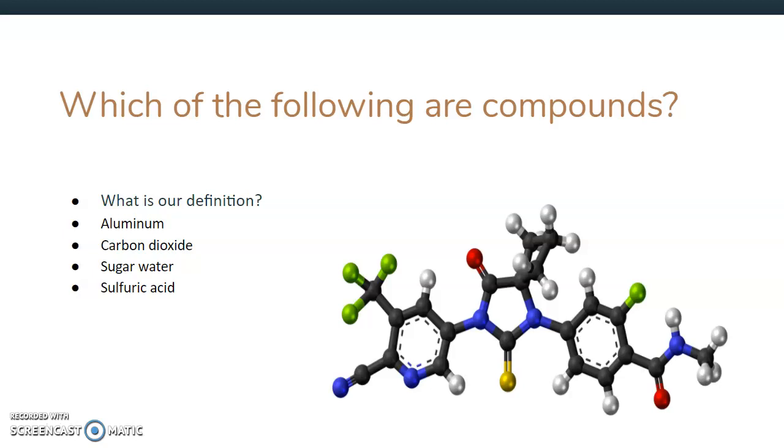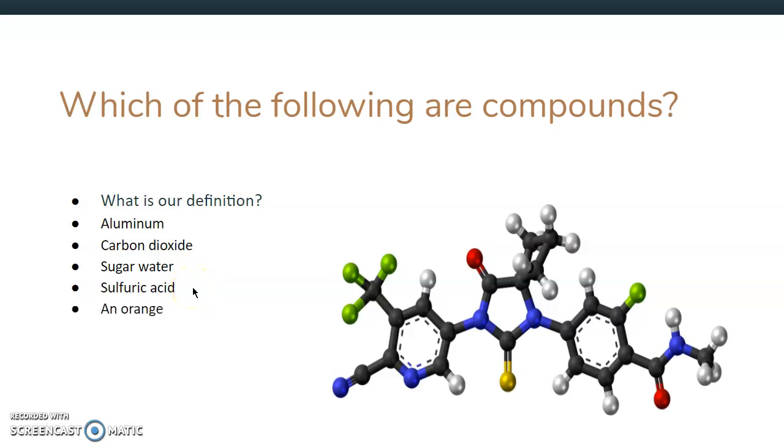If you're ever working on homework or a worksheet that I gave you, you can always look up what sulfuric acid looks like just by Googling sulfuric acid. Most of the time, though, I will make it very clear that it is a bunch of different elements joined together. So sulfuric acid has more than one element combining or joined together. So it is also a compound.